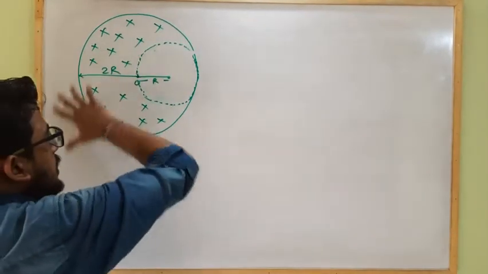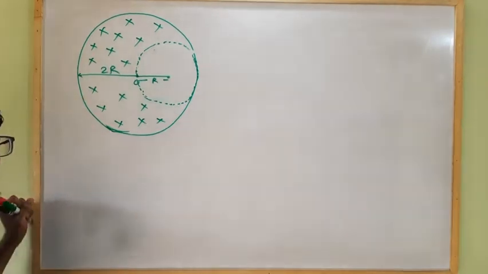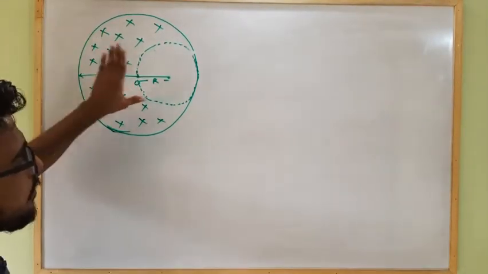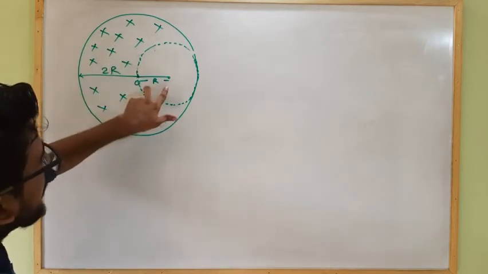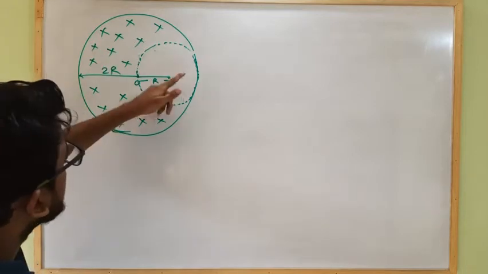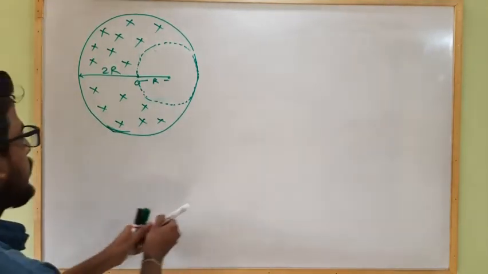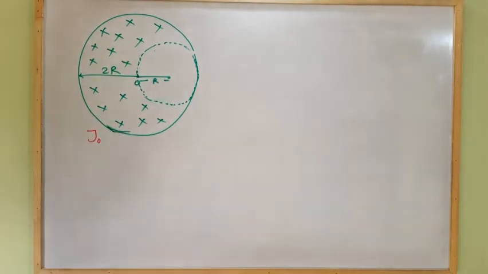So it's an infinite solid long straight cylindrical current carrying conductor in which current is passing into the plane. Clear? And there is a cavity of radius r where the total radius of the conductor is 2r. Clear? And the current density for this current carrying conductor is J naught. This is given.